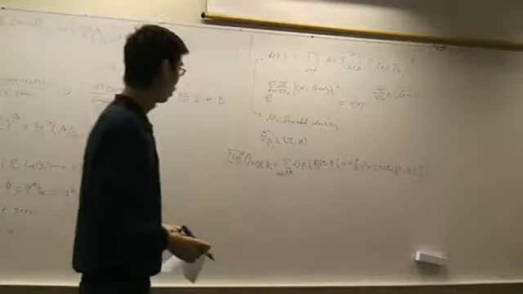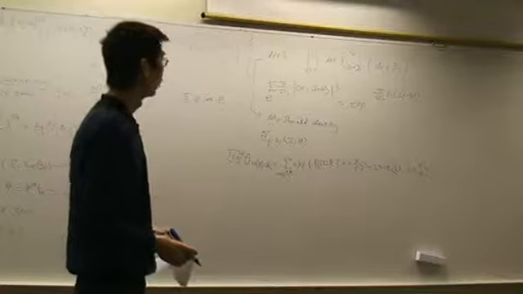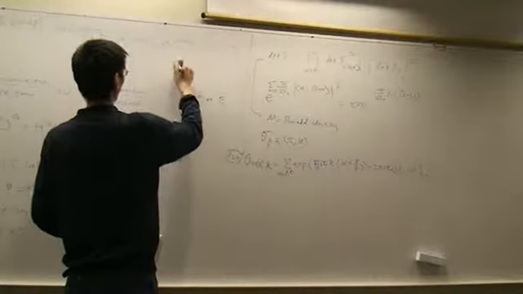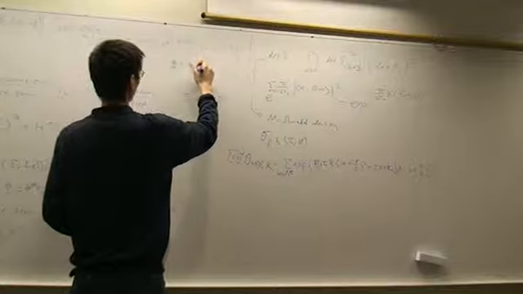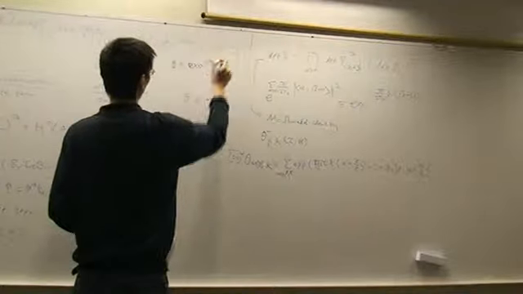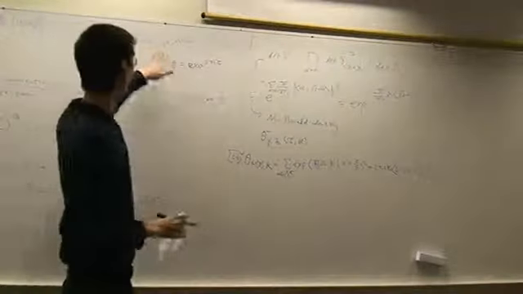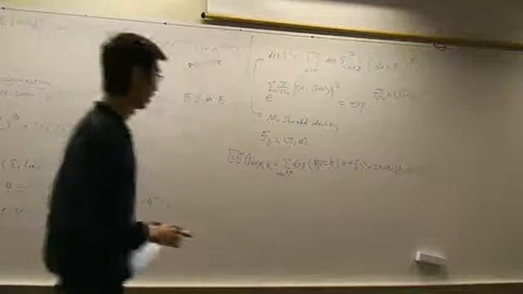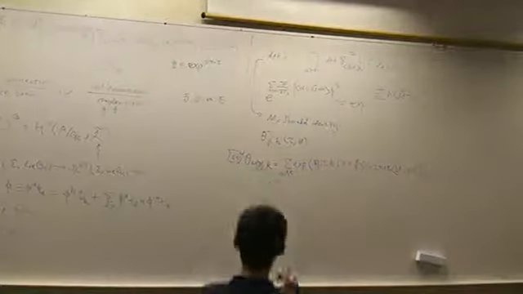So just to show you that this actually makes sense, you take this formula and set Q to 0. Then what you get on both sides will be the following.